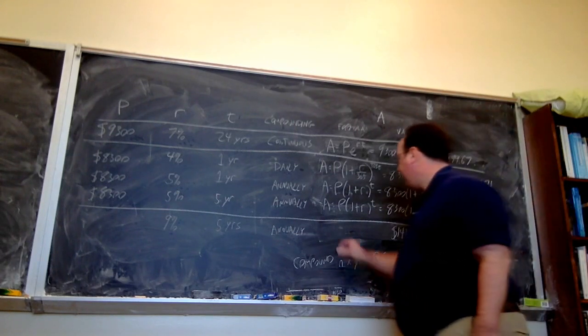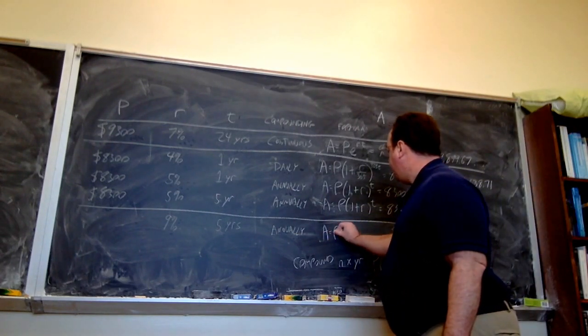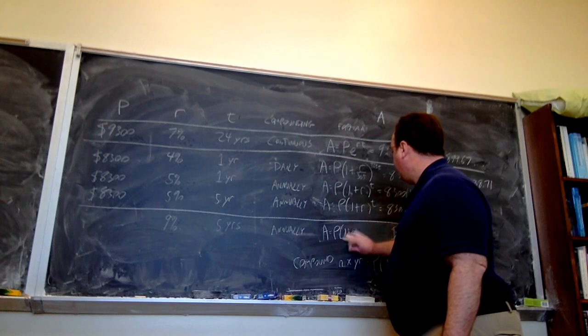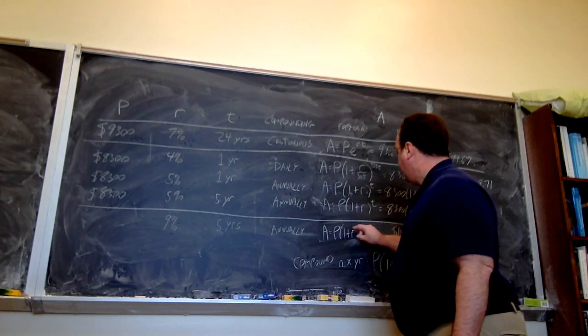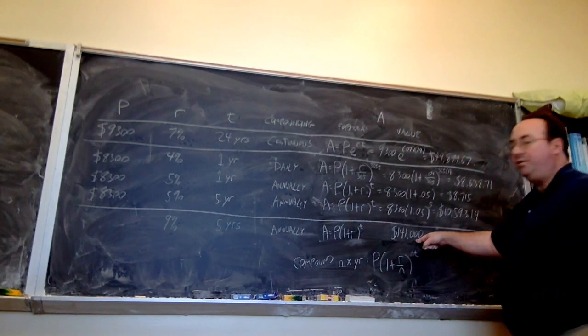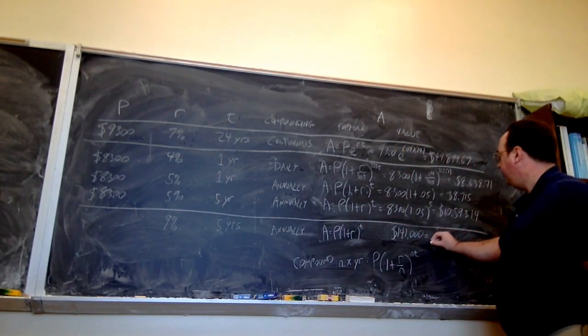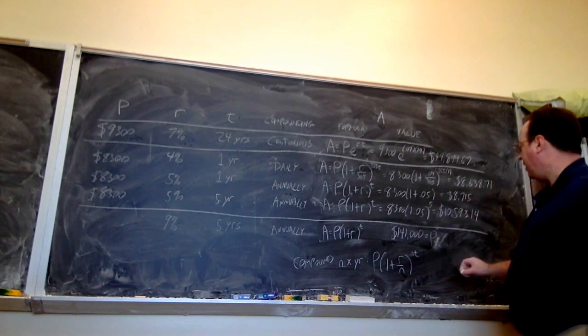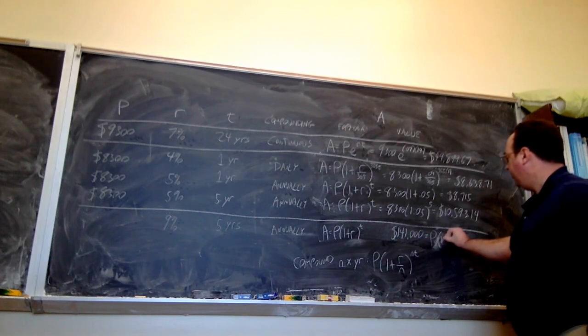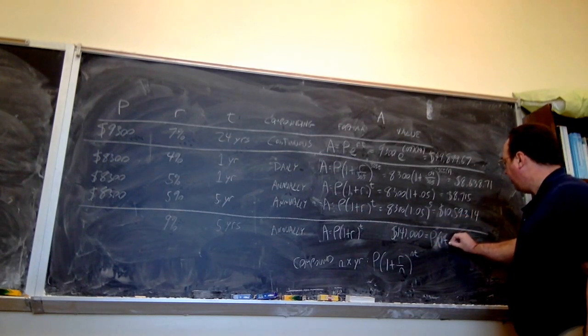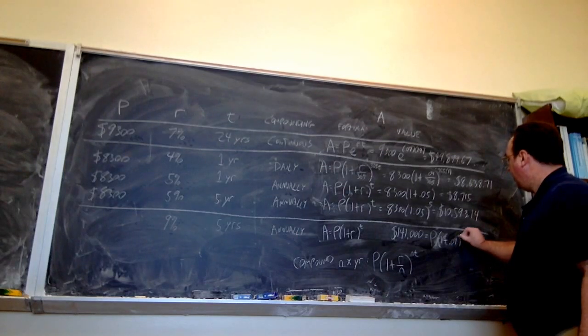Okay, so I have A is P times 1 plus r to the t. So now I have this value coming out equal to A, and P is unknown in this case. And then I have 1 plus r, which is 0.09 for 9%, raised to the 5th.